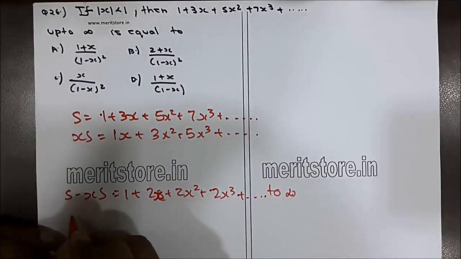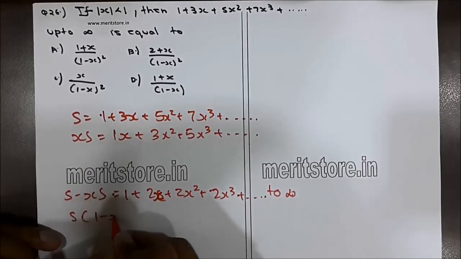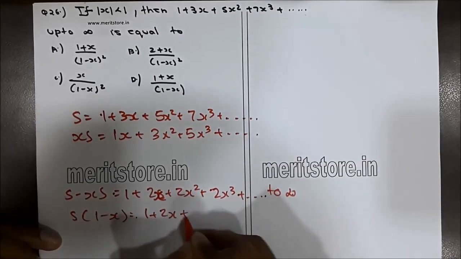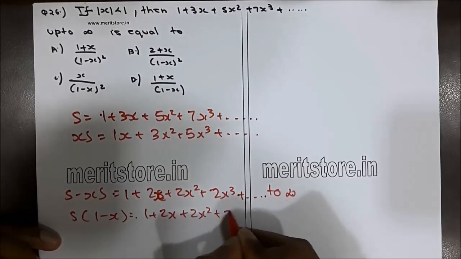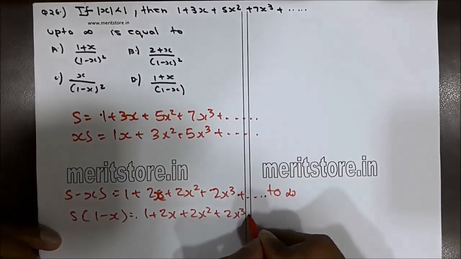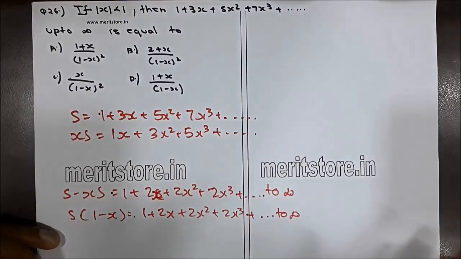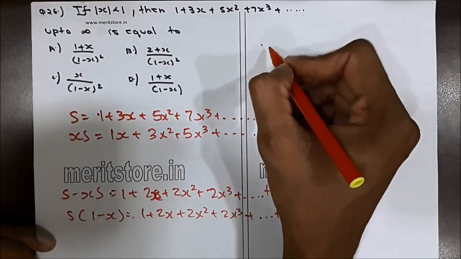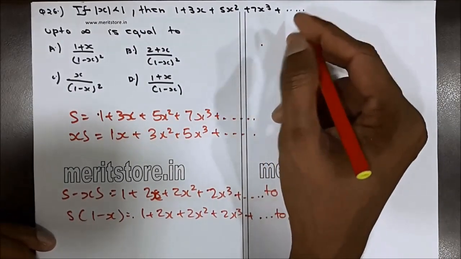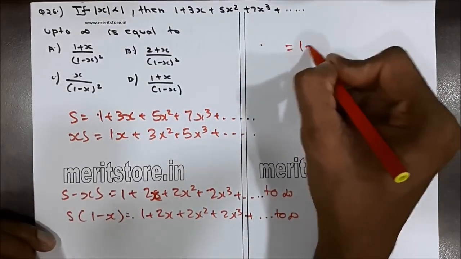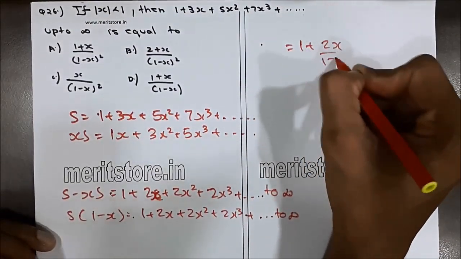Taking s common, we get s(1 - x) = 1 + 2x + 2x² + 2x³ + ... to infinity. Therefore, s(1 - x) equals, on the right-hand side, 1 + 2x/(1 - x).